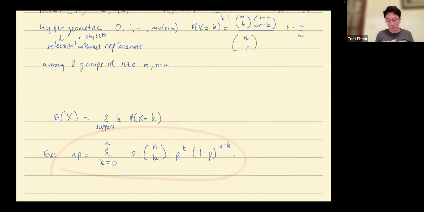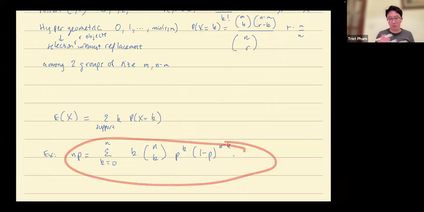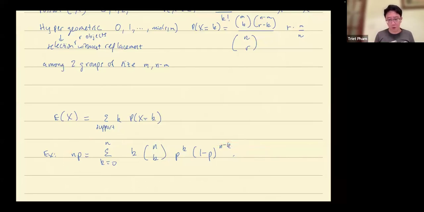It's not that hard if you know where to look and what to do with it, but this is not a trivial identity to just say that, yeah, obviously that's true.